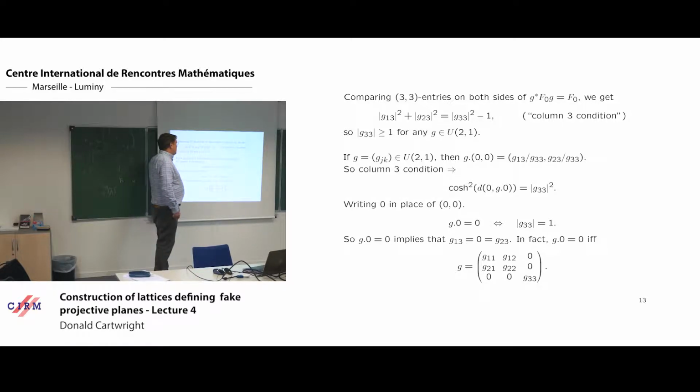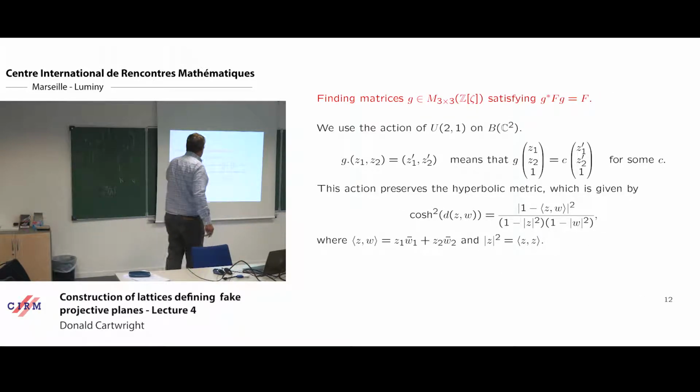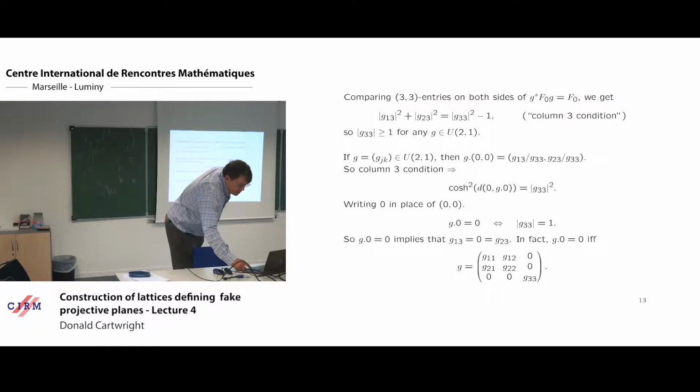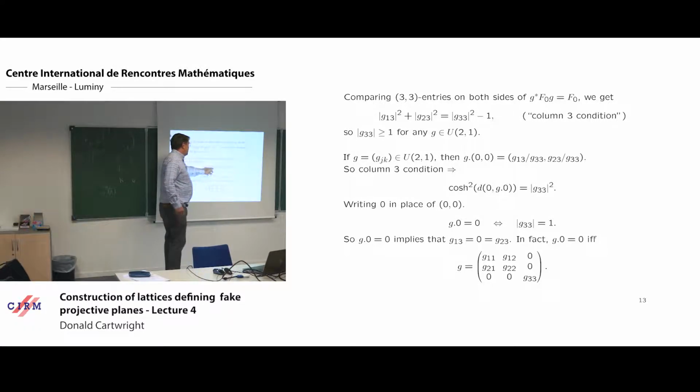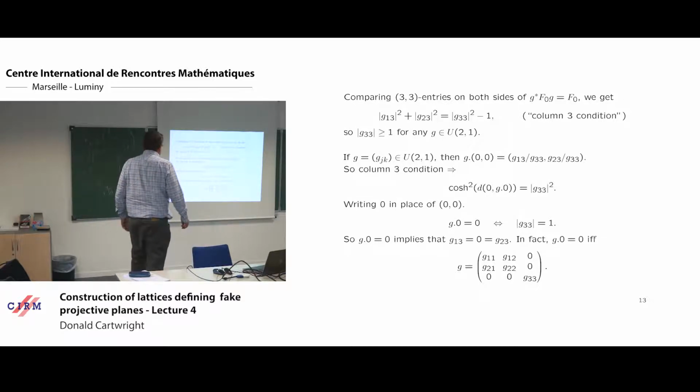And if you plug that into the formula on the previous slide, and do a very small calculation, you find that cos squared of the distance from GO to O is just the absolute value squared of the 3-3 entry.